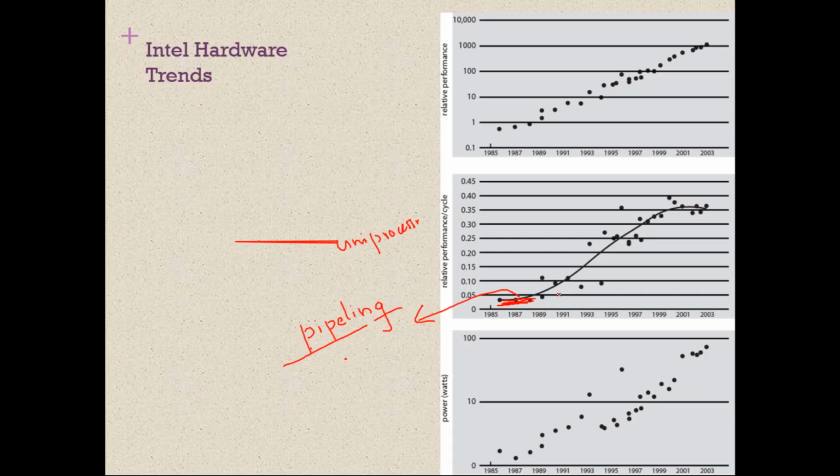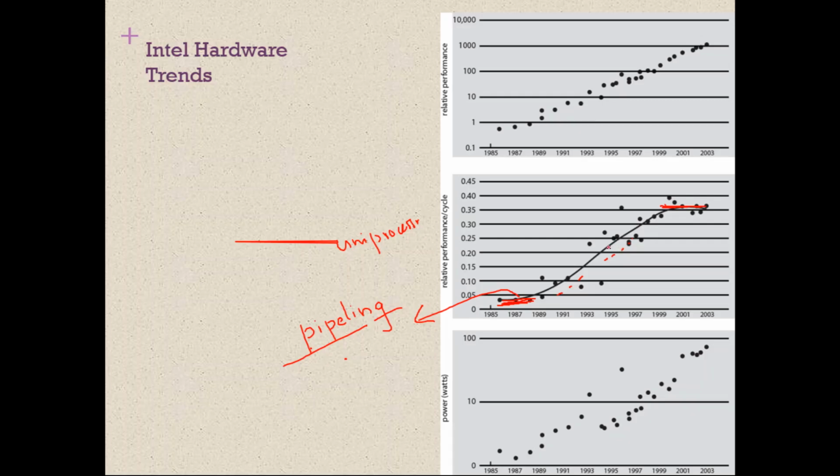As you incorporate these features, the performance keeps on increasing at an exponential rate, but that increment again becomes flat around 2000. After 2000, you see it is almost flat. Because there is a limit. You cannot improve beyond a point. This limit is not theoretical; it is a practical limit.